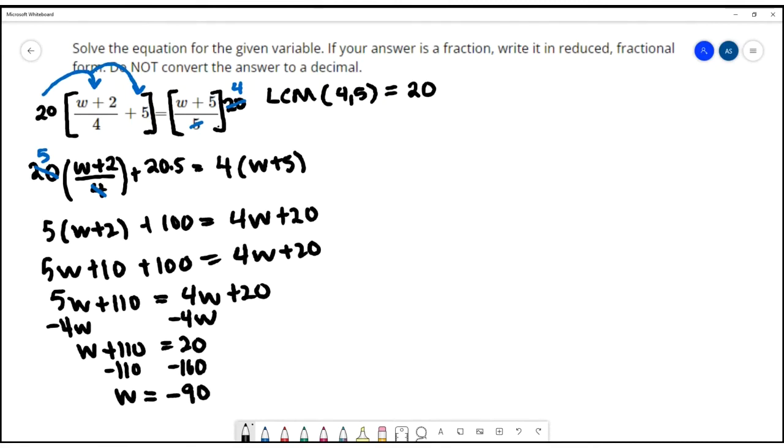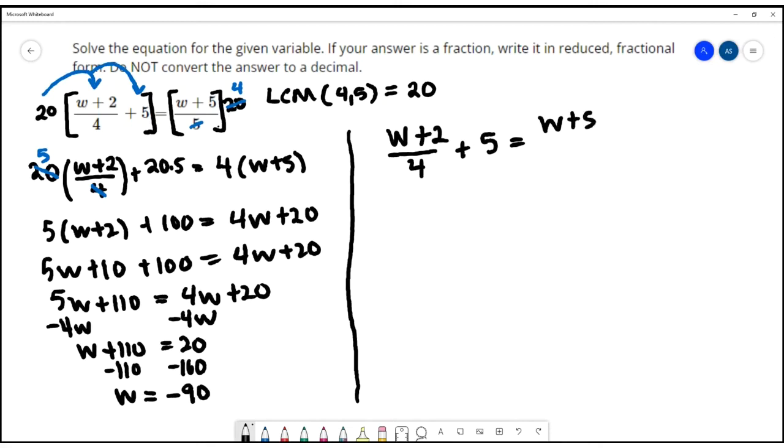I would like to show you an alternative method if you've not had enough practice with the clearing fractions method. So we're going to start off with w plus 2 over 4 plus 5 equals w plus 5 over 5. Instead of the clearing fractions method, I'm going to combine the terms on the left-hand side together.